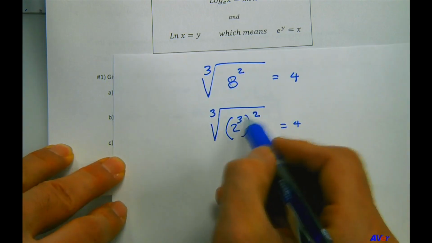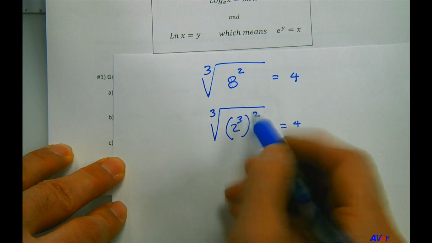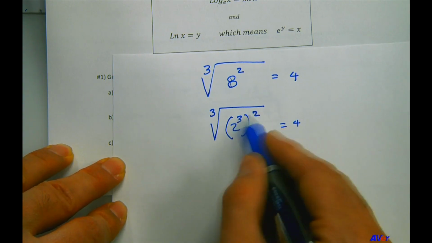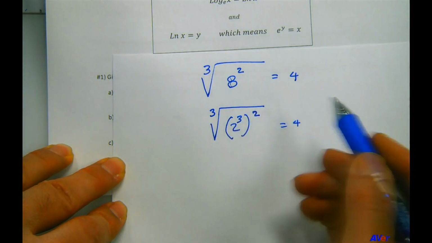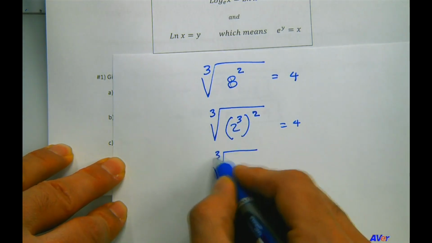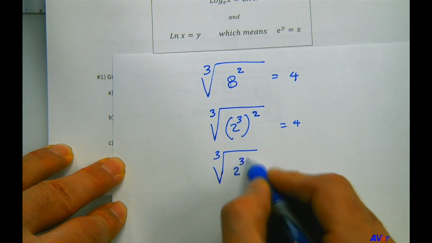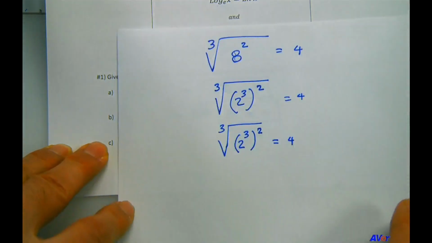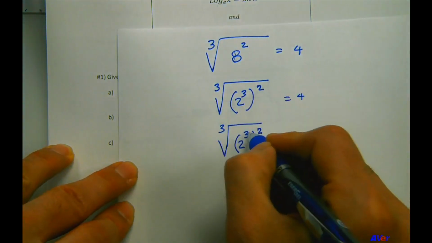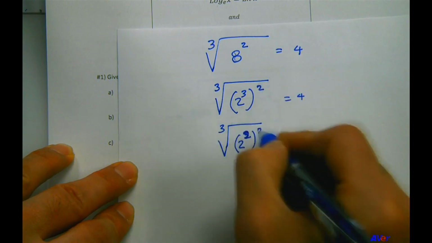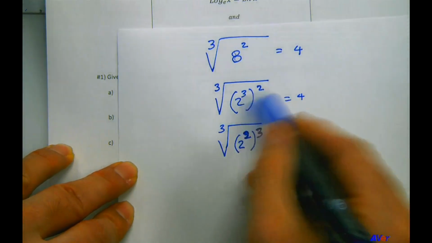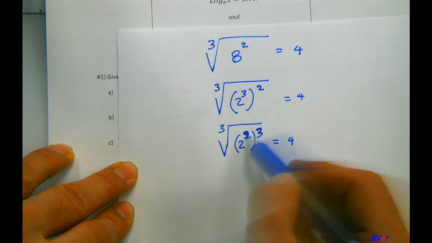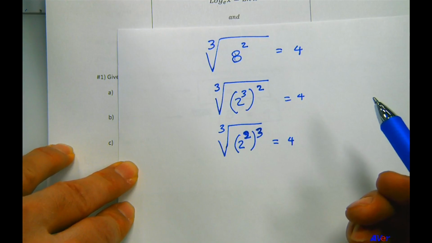And then we can swap the 2 and 3 because they're a product. 2 times 3 is the same thing as 3 times 2, so it makes no difference if you swap them.